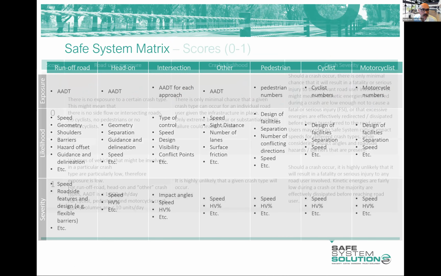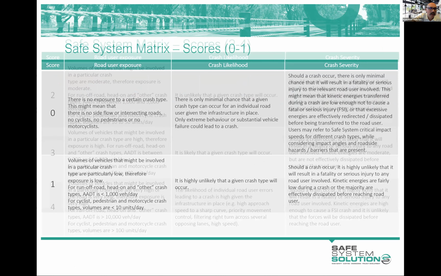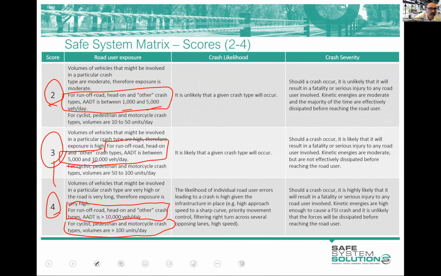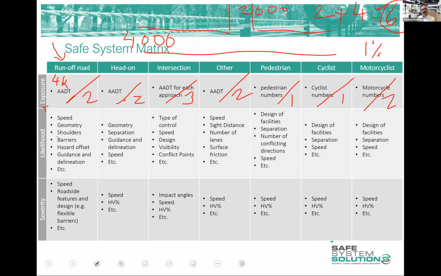Then you look at your scoring reference sheet and say, where are we seeing 6,000? 6,000 sits in there as a 3. So you're adding the AADT of the intersecting roads.